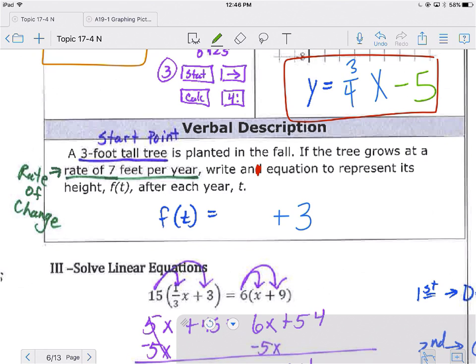From here, all I have to do is figure out my slope. Well, they've told me my rate is 7 feet per year, and each year is represented with t. So 7 and t would go together, and this would be my answer. Make sure when you use letters like T that you are very careful to make it a T and not a plus sign.